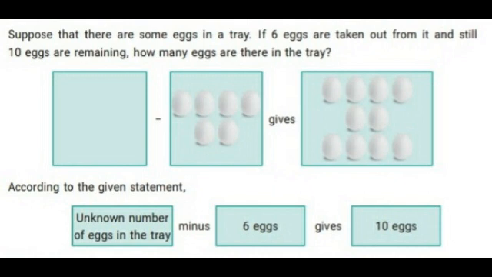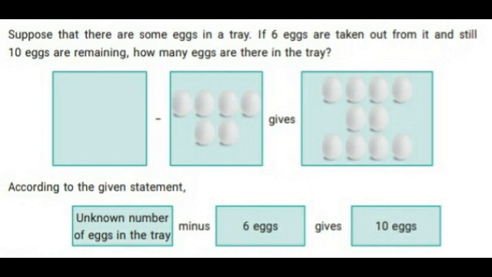After taking away the 6 eggs, the remaining eggs in the tray are 10. Now what is the question? What was the number of eggs in the tray? In the beginning, how many eggs were there in the tray? That was the question.